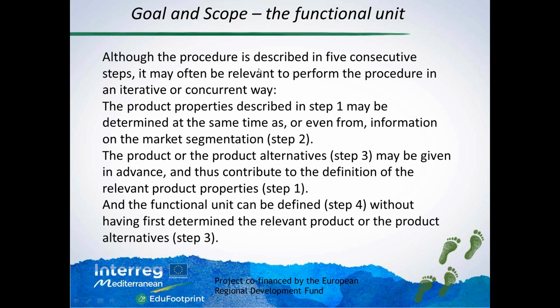In fact, although the procedure is described in 5 consecutive steps, it may often be relevant to perform the procedure in an interactive or concurrent way. For example, the product properties described in step 1 may be determined at the same time as information on the market segmentation. The product alternatives, which are step 3, may be given in advance or thus contribute to the definition of the relevant product properties.